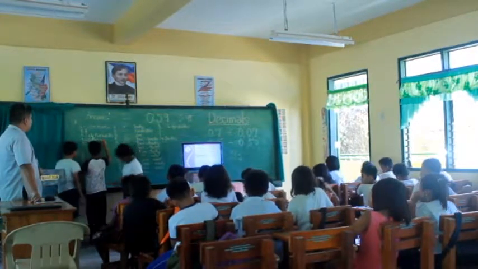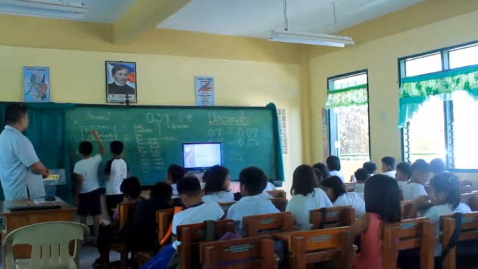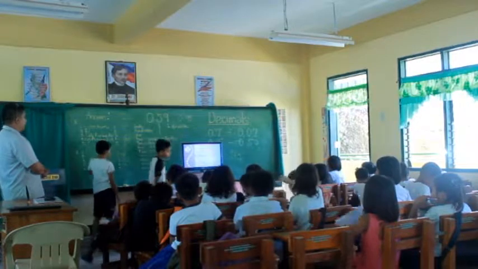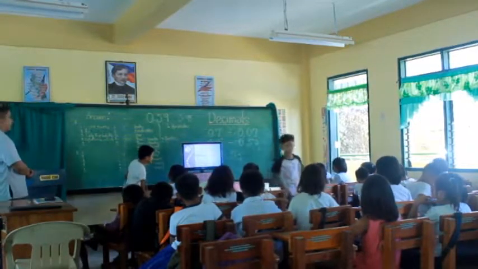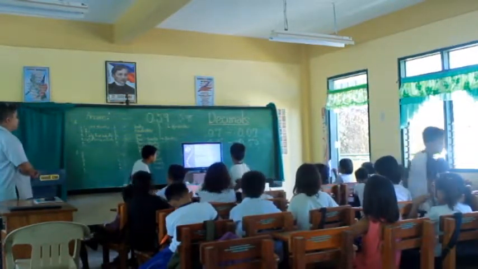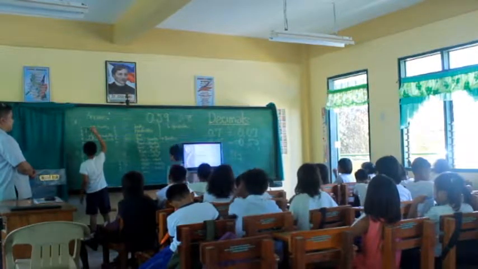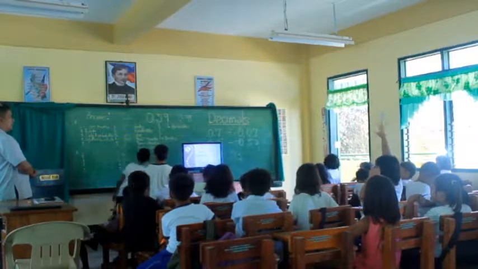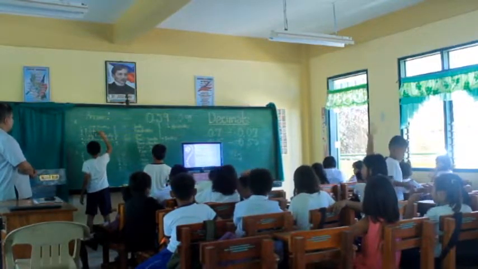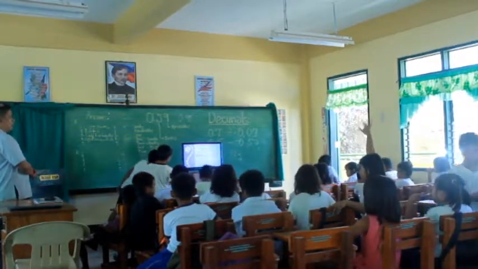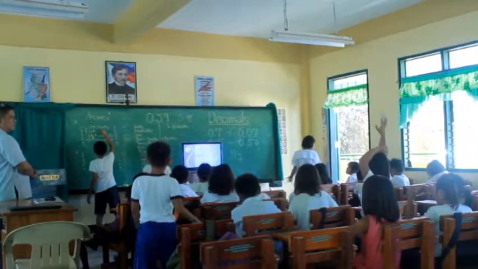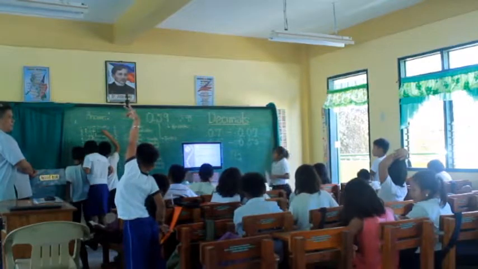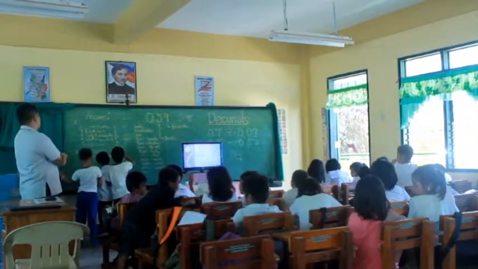Very good, Julian. Do not talk. Number 5, Mark Archel. Letter B, number 1, Crisel. Number 2, Honeybee. Number 3, Gibson. Number 4, Kevin Clark. Then number 5, Rico.